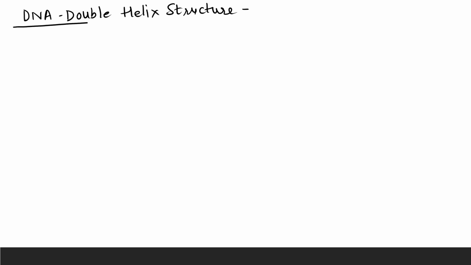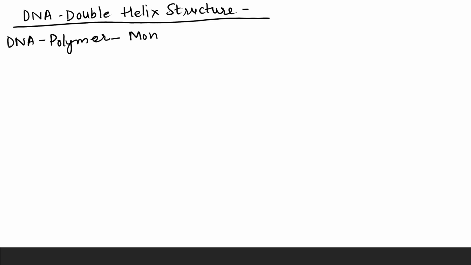As we said, we know the structure of the nucleotide. First, we know that DNA is a polymer. And what is a polymer? Any chain made up of monomers is known as a polymer. And what is the monomer of DNA? We know now it is the nucleotide.